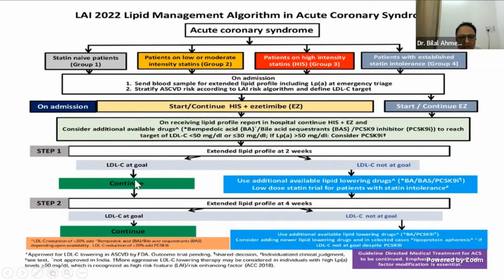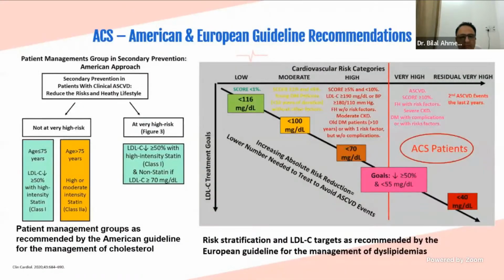The LDL-C goal has to be kept in mind: we might have to reduce it to almost less than 50, and lipoprotein A to less than 30. The American and European guidelines recommend trying to reduce LDL-C levels to 75 or 70, and if possible reduce much more, more than 50% within the first 3 months.